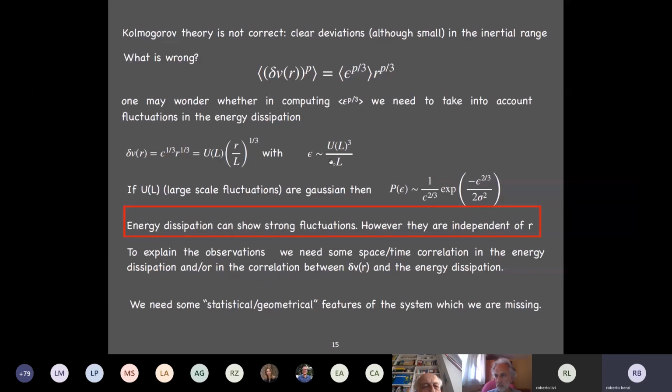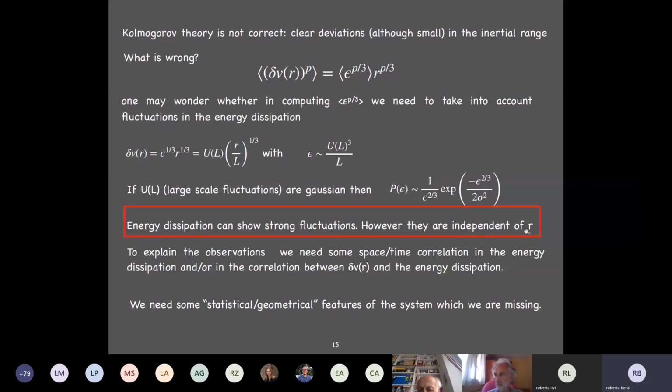So if the fluctuations over the large scales are roughly Gaussian, as is observed in most experiments and numerical simulations, then you immediately get the probability distribution for the energy dissipation, which is extremely fluctuating. It has a probability of having small epsilon which is much smaller than the probability to have the average value of epsilon, but it does not depend on r.